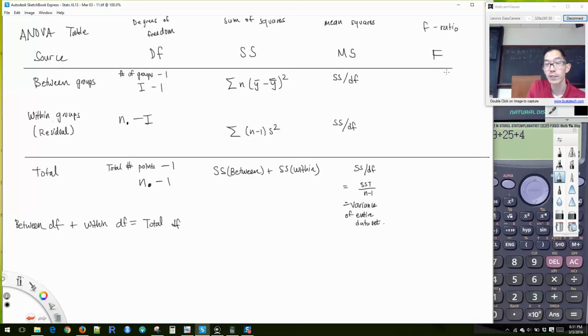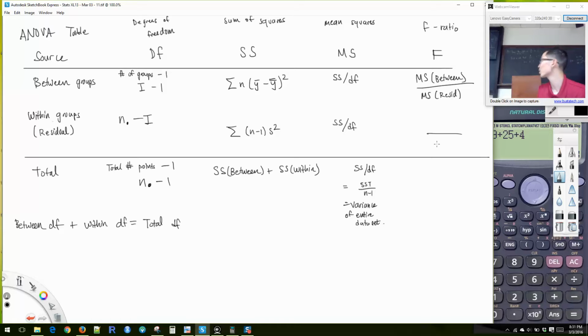And the F ratio is always going to be the mean squares for this row, so in this case, mean squares between divided by mean squares within, or I'm going to just call mean squares residuals because this is the more common term. So you're just going to take this value and divide by this value. And it never exists for the residual row, right?